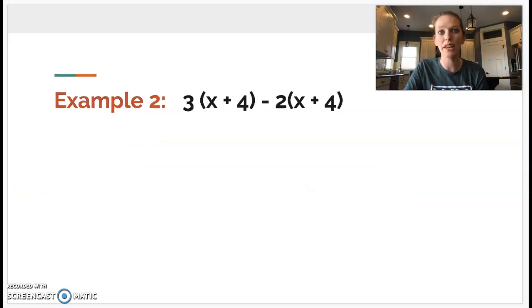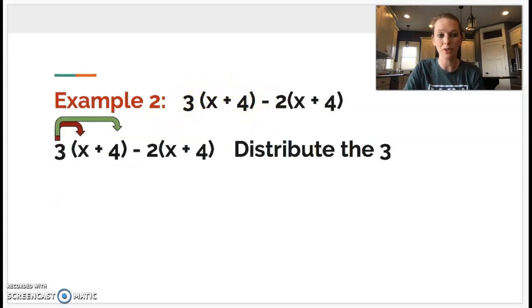So now we have two parentheses in here. So we're going to start by using the distributive property. And I'm just going to start with this first one here. So I'm going to distribute that 3. I'm going to pass the 3 to the x, and I'm going to pass the 3 to that 4.